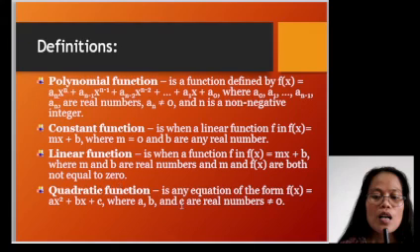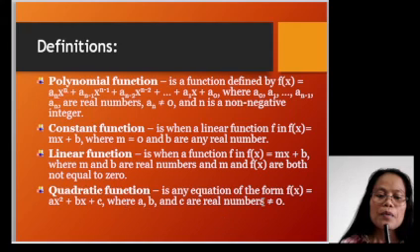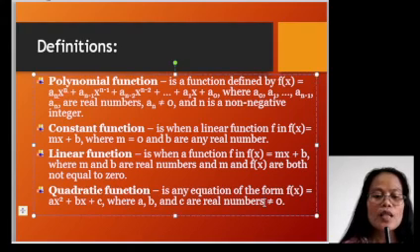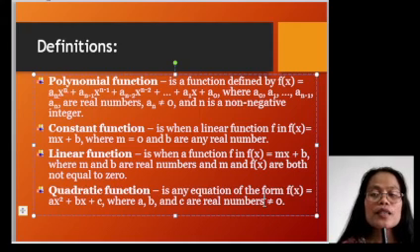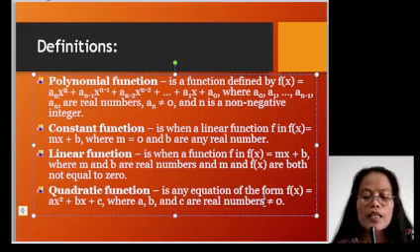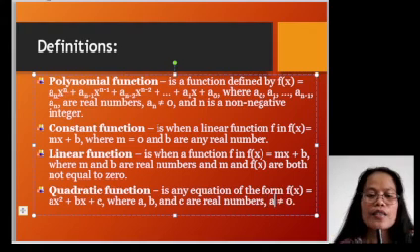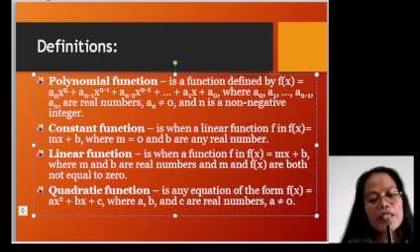So a quadratic function is any equation of this form, ax squared plus bx plus c. For example, f of x equals x squared plus 2x plus 1. That's an example of a quadratic function. Now, what's the difference between a linear and a quadratic function?